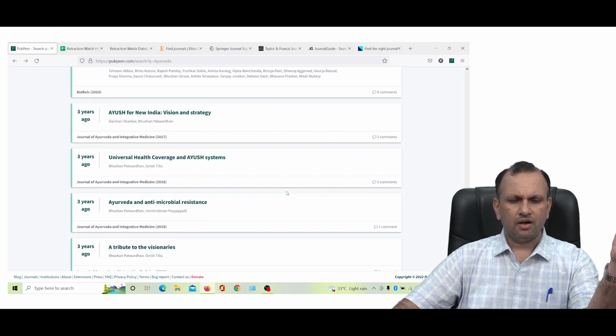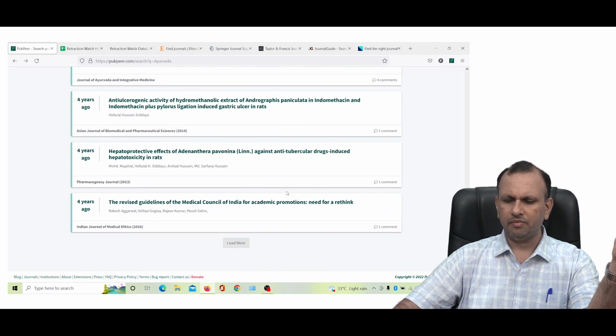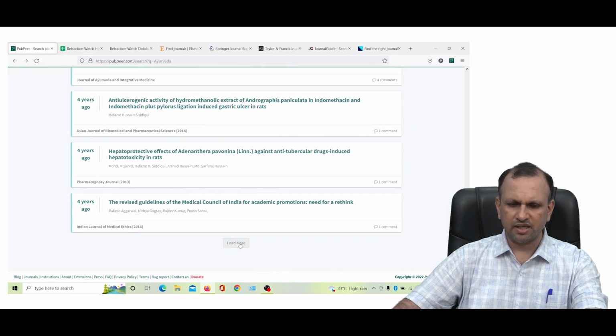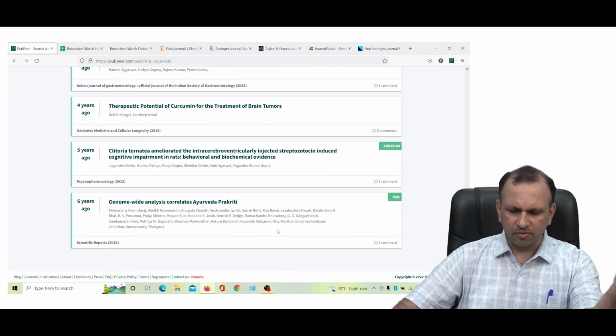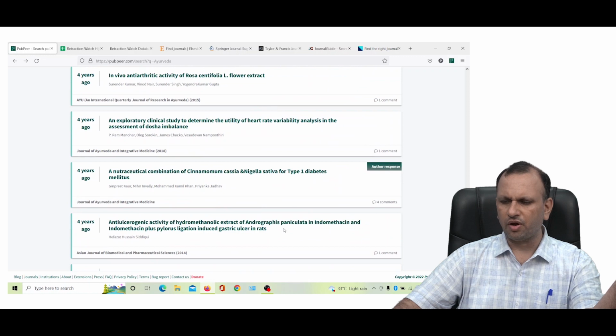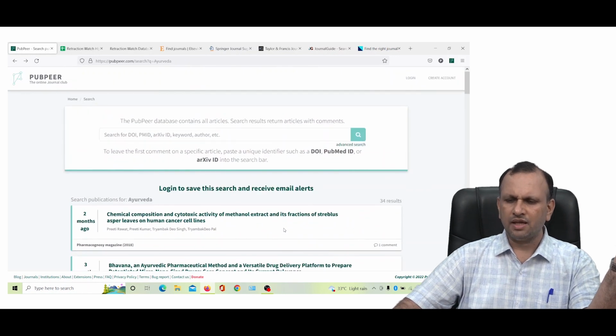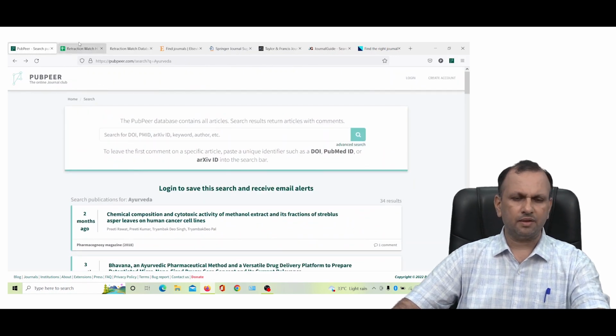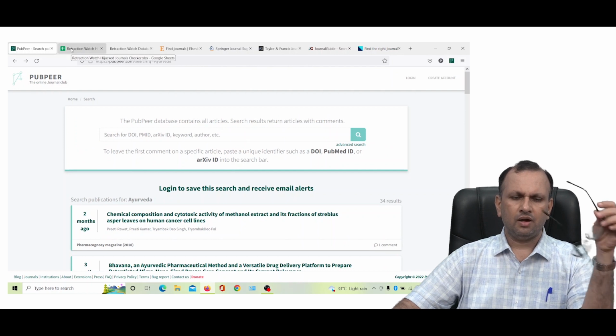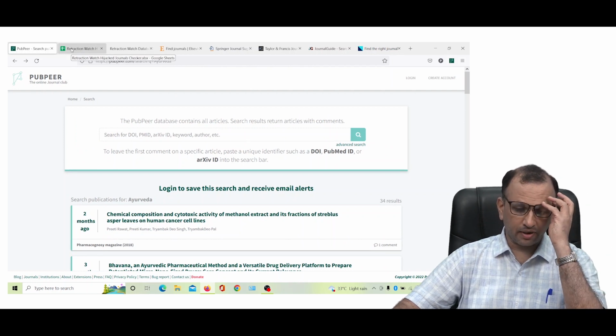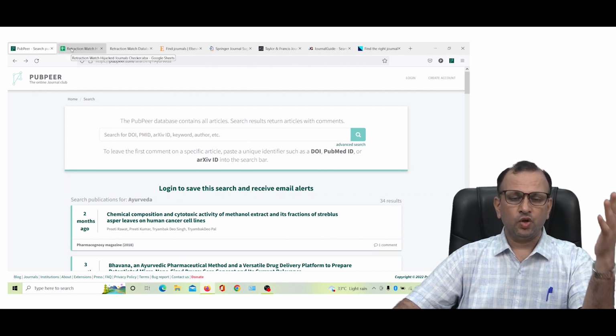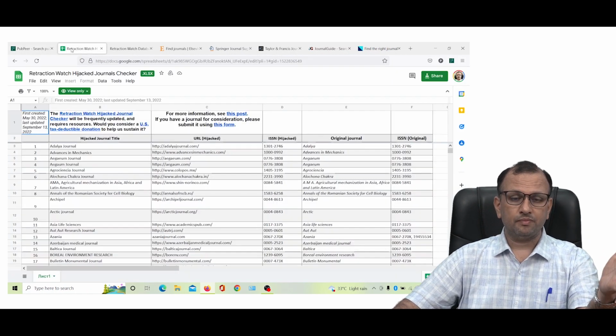Maybe for different research violation, ethical violation, right? Problems with the peer review, problem with the editorial policies, and so on and so forth. So there are multiple papers that have been flagged on PubPeer. So a journal name, if you type and if you search for that journal, you will get all the papers that have been flagged over PubPeer.